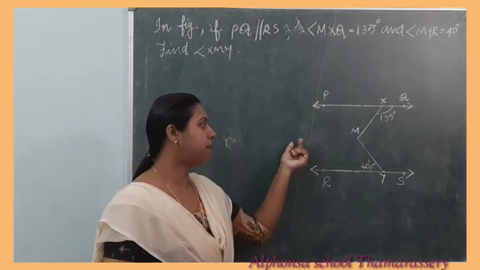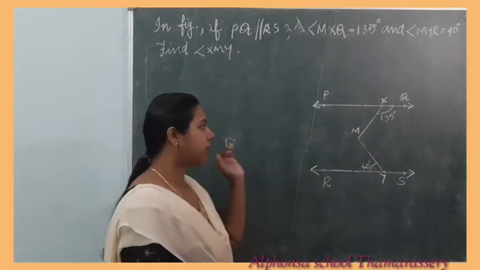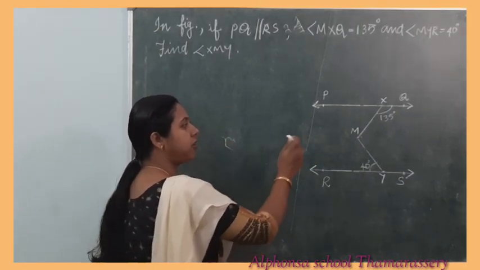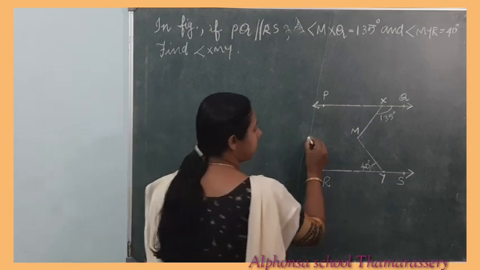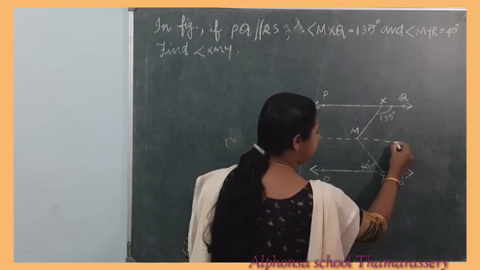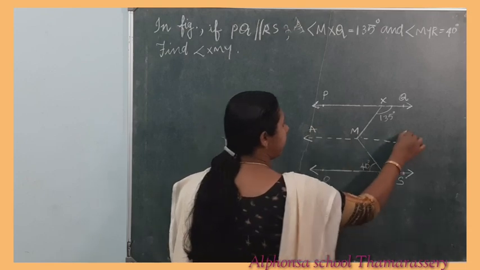So first of all, construct a line through the point M that will be parallel to line PQ. You can use a dotted line to represent that parallel line. Draw a parallel line AB.